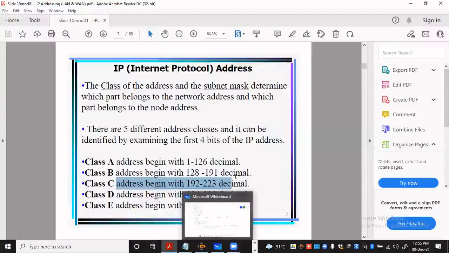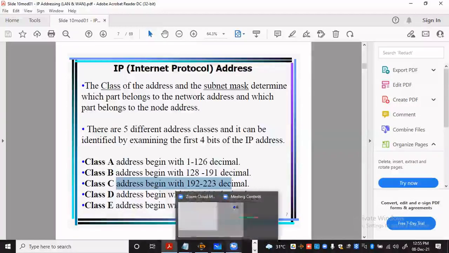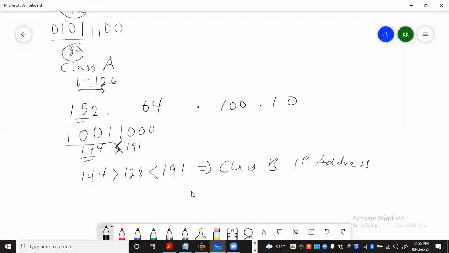But the loopback IP address is actually 127.0.0.1, and it's only used for testing purposes. Actually, it doesn't even fall into any class at all.